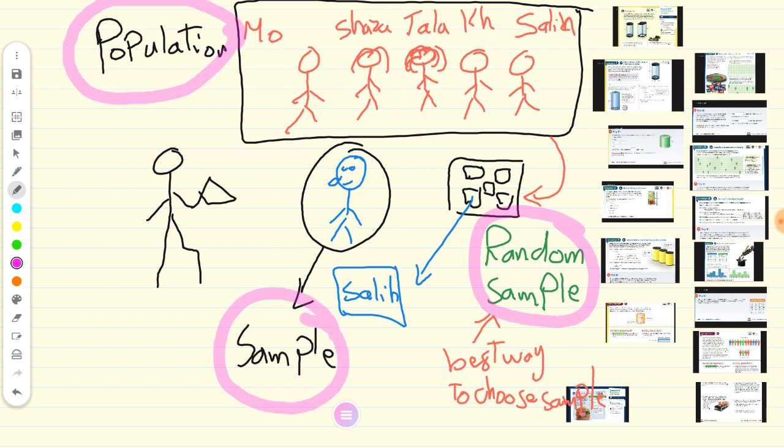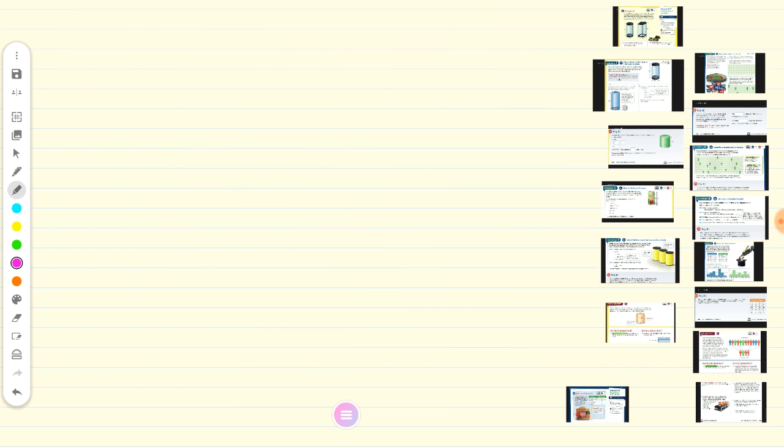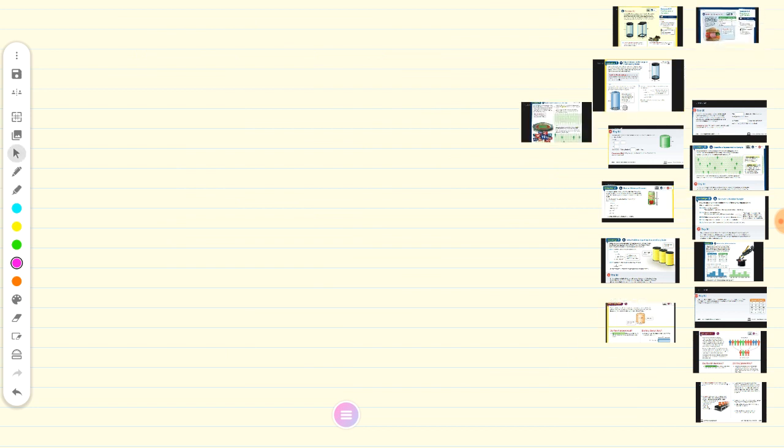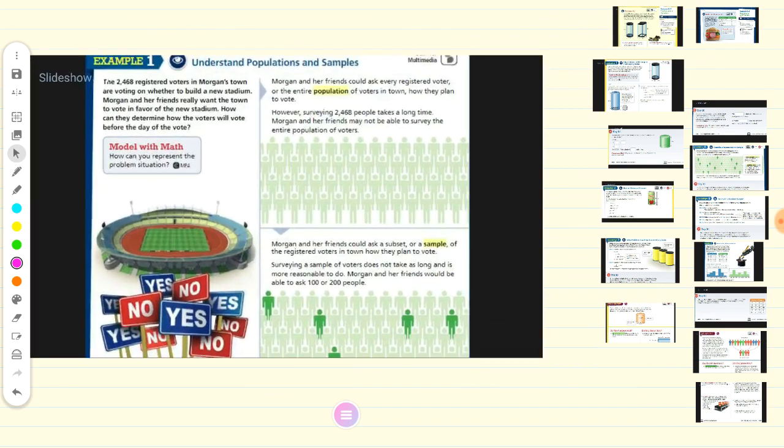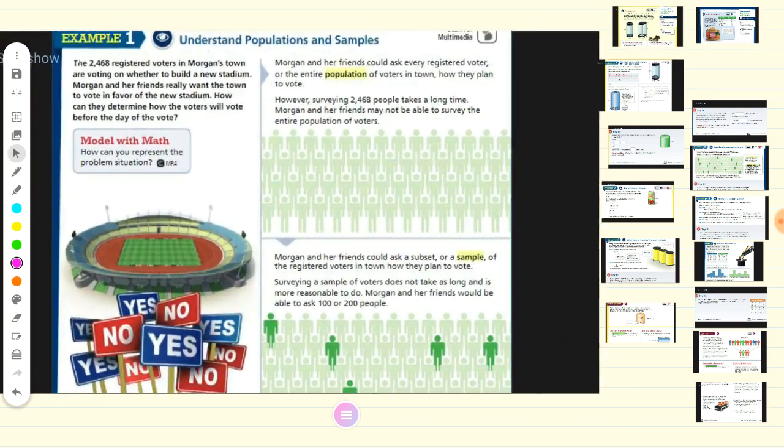I hope you understand the three meanings of population, sample, random sample. Okay, let's take an example to talk about it. First example, we will try to understand the relation between population and sample.